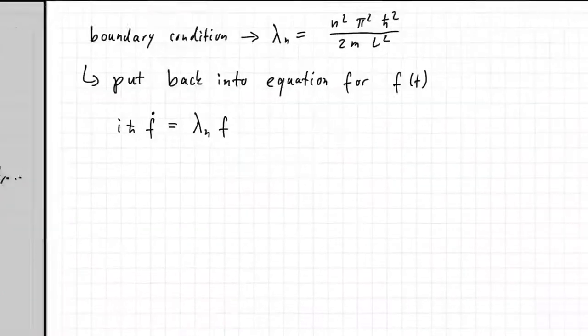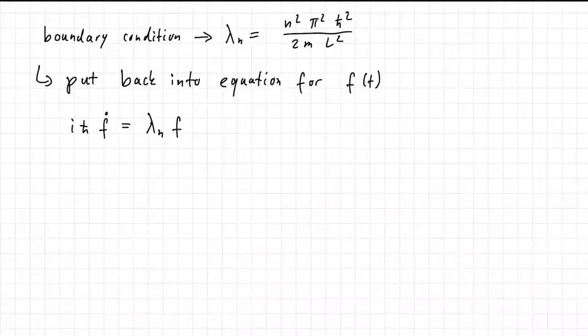So what we have seen now is that the boundary condition gave rise to this discreteness of the allowed values of lambda. So now for a given lambda that we determine from the equation for phi, we now need to put that lambda, or these allowed values of lambda, back into the equation for f of t, and we get i h bar f dot equals lambda n times f, which again we have solved previously.